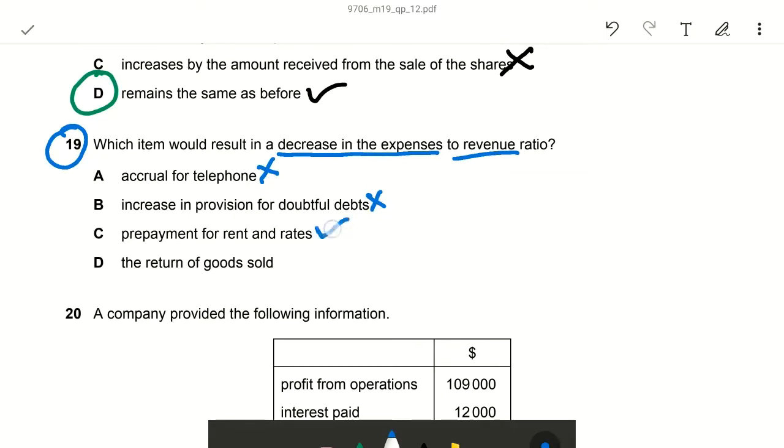It decreases the expense. Return of goods sold. It does not affect the expense. So the correct answer is prepayment for rent. Prepayment means rent paid in advance. It will decrease the expense of the current year. So prepayment for rent is the correct answer.